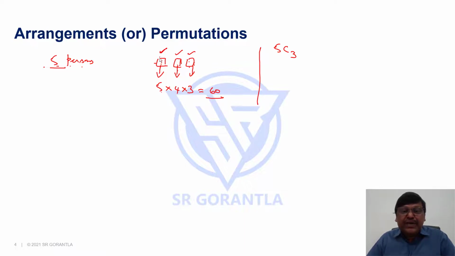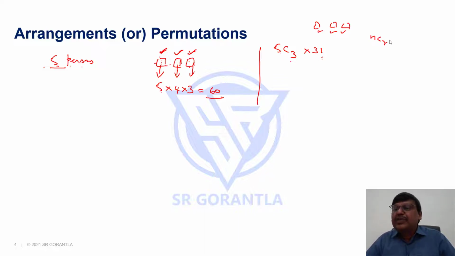So out of 5 persons, 3 persons can be selected first in 5C3 ways. Once you select those 3 persons, in how many ways can they be seated in these 3 positions? As I've just said, 3 persons in 3 positions can be seated in 3 factorial ways. So the total number of options is 5C3 into 3 factorial.